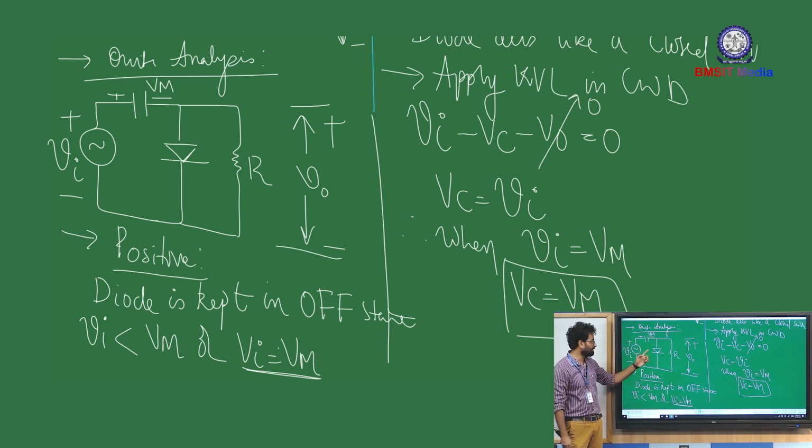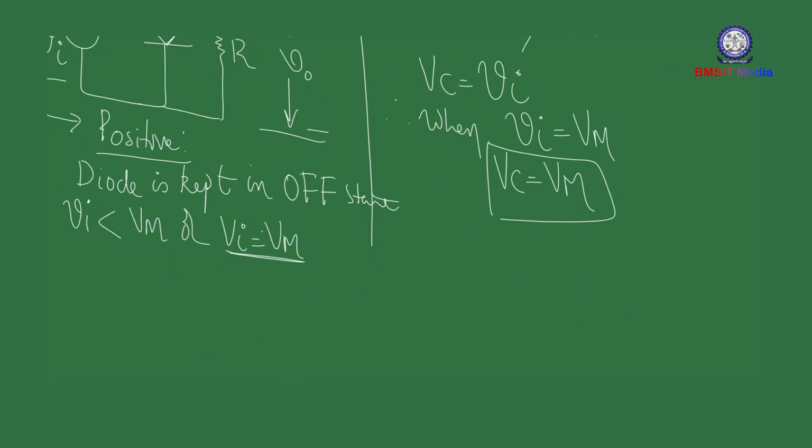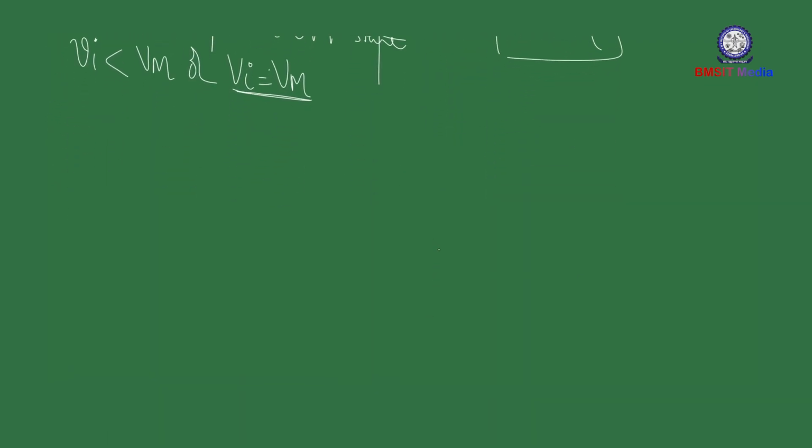So the diode will never conduct in the output analysis, and you can blindly keep it in the off state, for the reason mentioned.